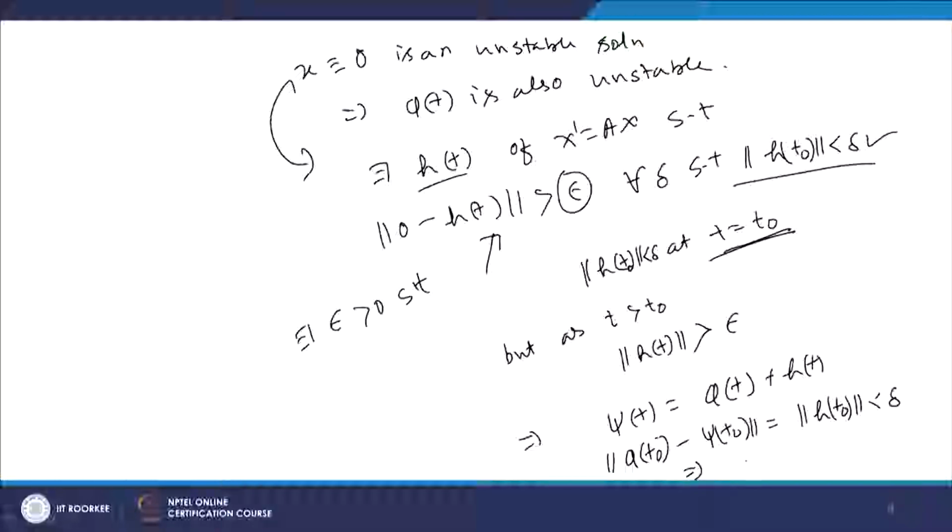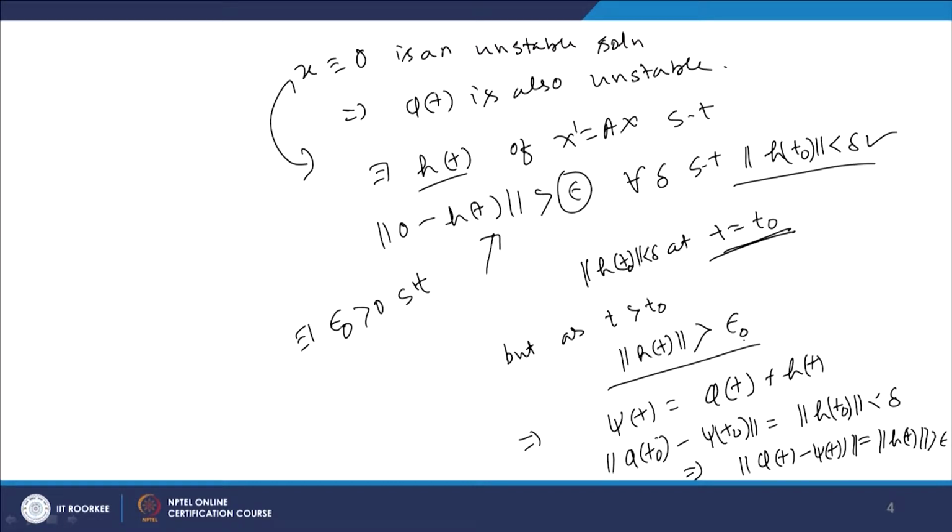But this also implies that norm of phi t minus psi t, which is nothing but norm of h of t, is bigger than some epsilon. Let us fix that epsilon and call it epsilon naught. So, there exists epsilon naught greater than 0 such that norm of h t naught is less than delta is true, but norm of h t is always bigger than this number epsilon naught.